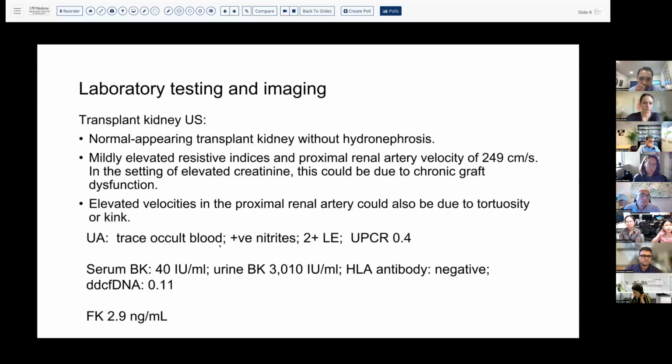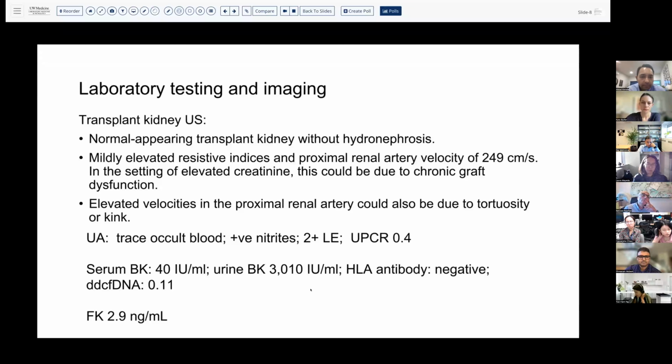We did an ultrasound. The ultrasound was fairly unremarkable. It just showed slightly elevated resistive indices. The renal artery velocity was slightly high, but it wasn't very significant. Did a UA which showed some trace blood, positive nitrates, leukocyte esterase. Her UPCR was about 0.4. Repeated her BK because of the history.